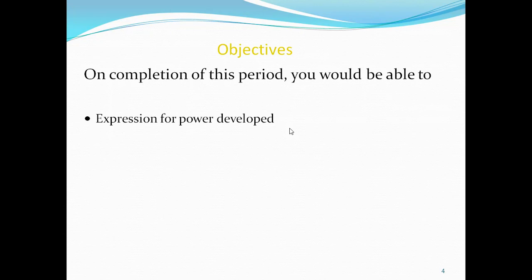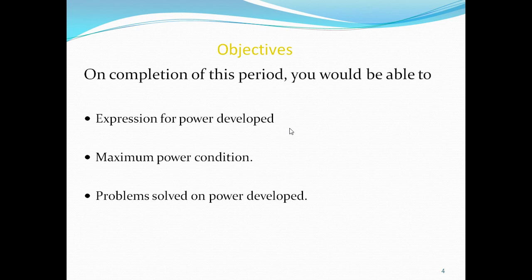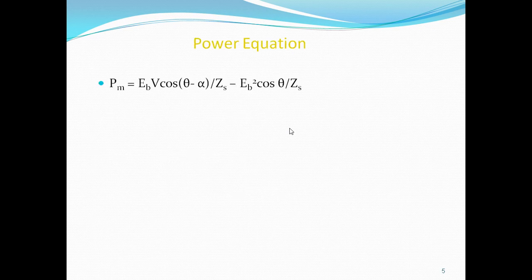So today we will derive the expression for power developed, the maximum power condition, and problems on power developed. So how can we derive the power equation?